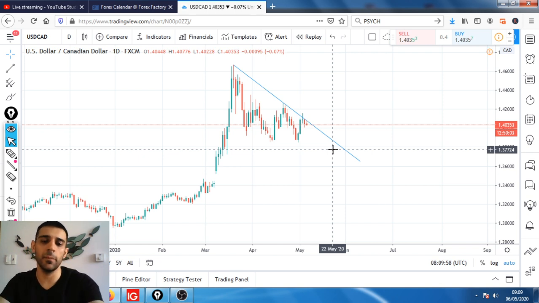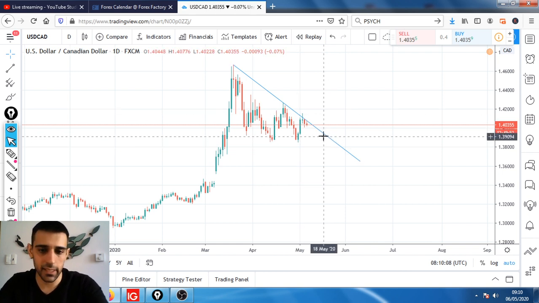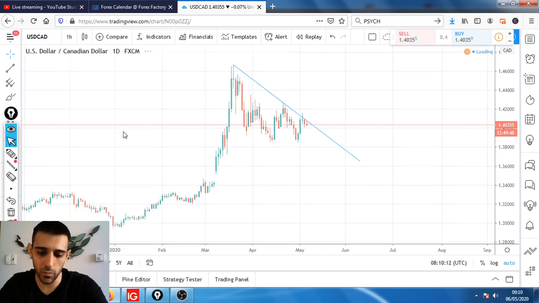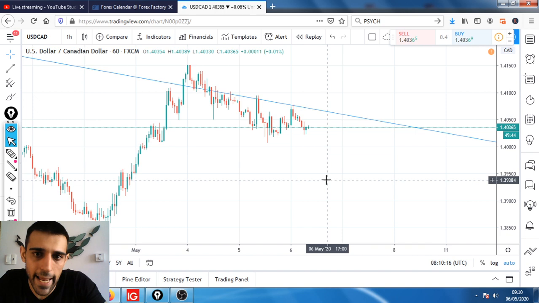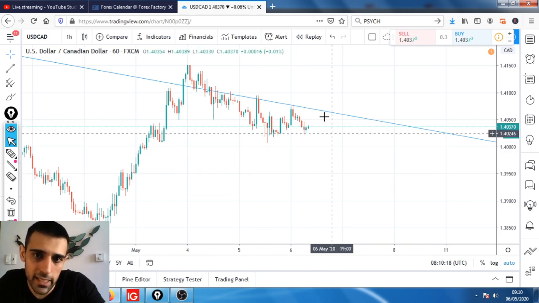And sometimes the price needs to fulfill some requirements, do some moves before it gets me interested to take the trade. So in this case, it needs to do a couple more things before it gets me interested to jump into the long side.